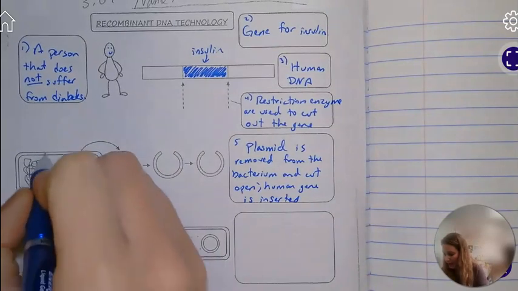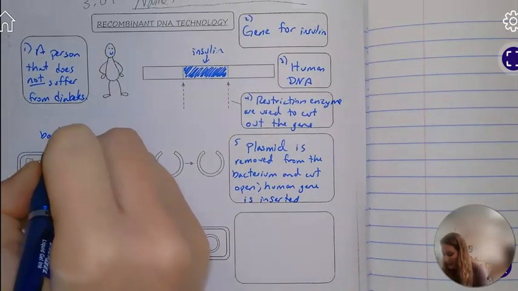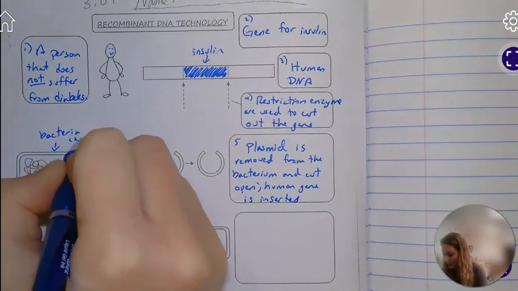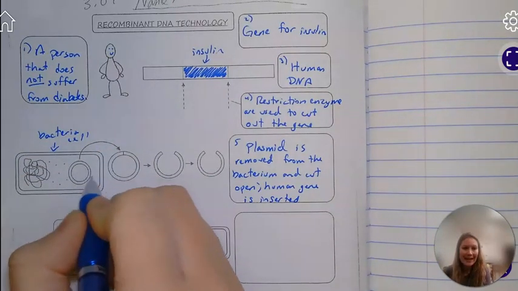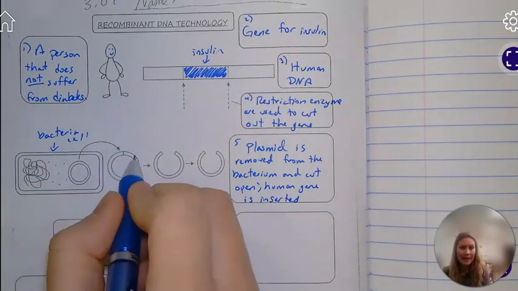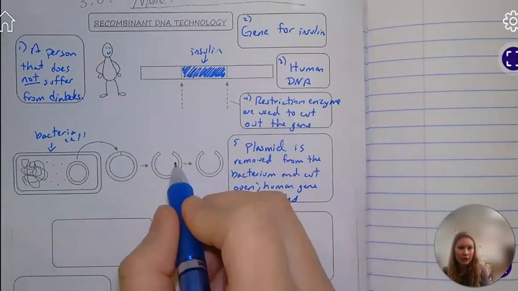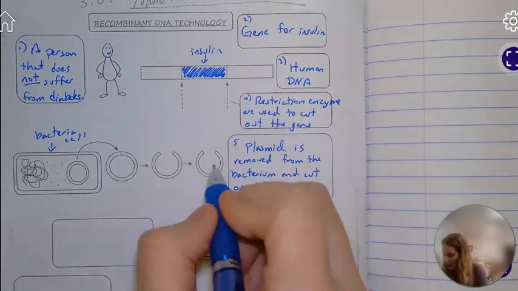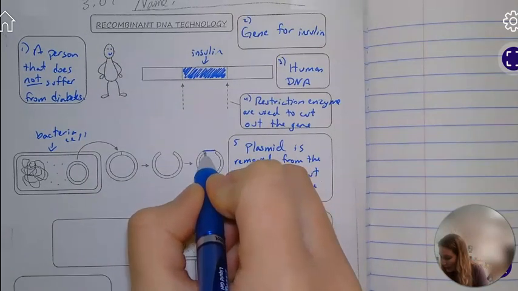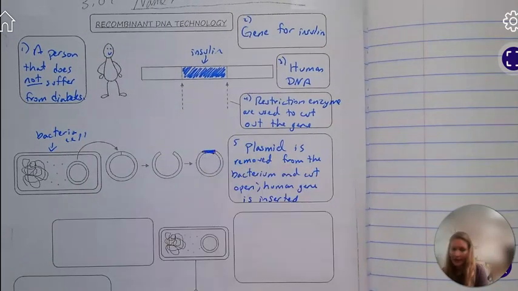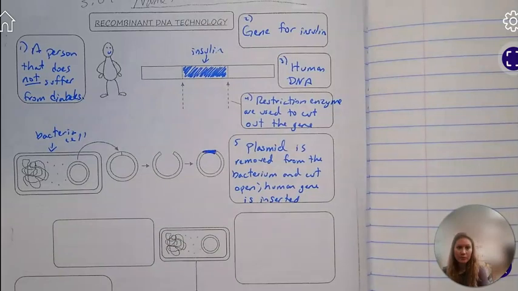So here is our bacteria cell. We've taken out this plasmid, and we have cut it, again, using that same restriction enzyme. And we are going to add in our gene for human insulin.